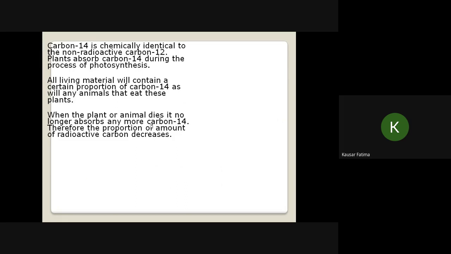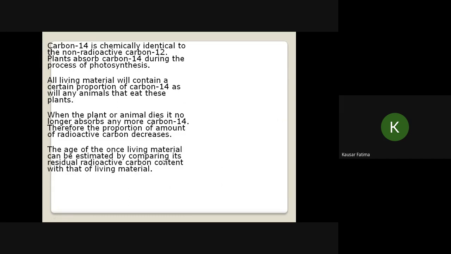Fresh plants have more carbon-14, and in a dead plant the number of carbon-14 atoms will be less, because carbon-14 decays. How much less depends on how long ago that plant or animal died.